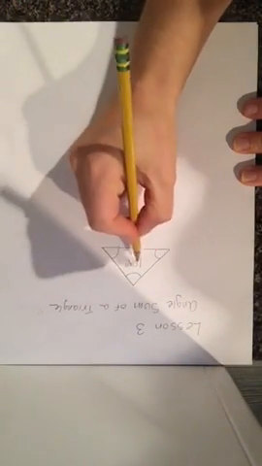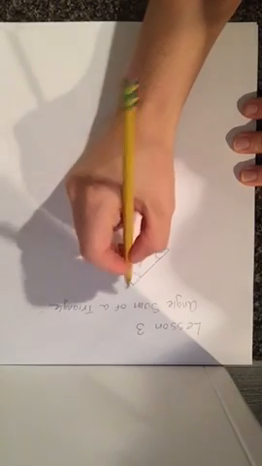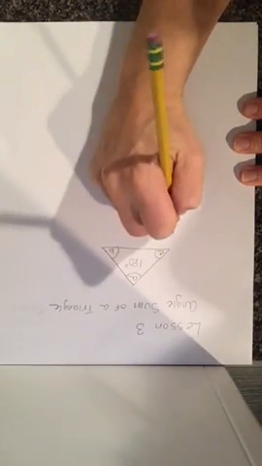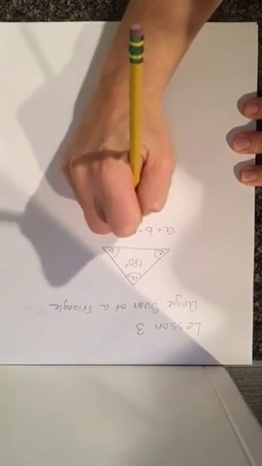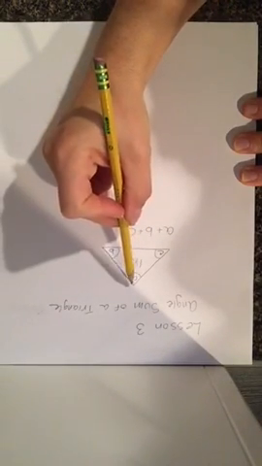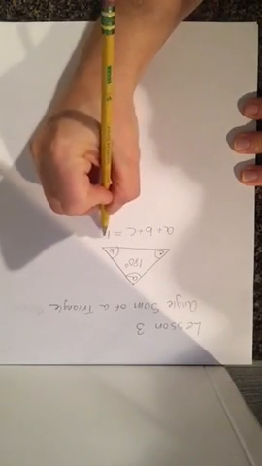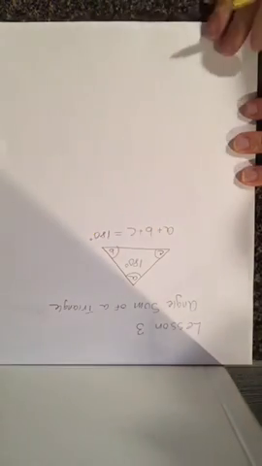Okay, so this angle A plus B plus C, which means this angle plus this angle plus this angle will always equal 180 degrees.